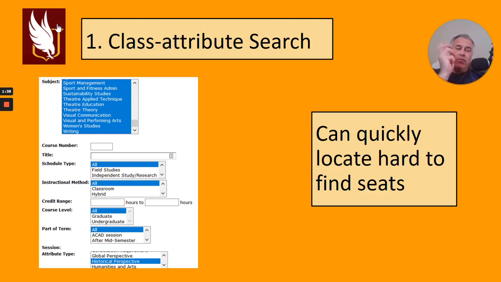So it's very useful if you're registering late and you know you need something in global perspectives. You can go and look across all the different classes that would meet that requirement. And it also just gives you some other ways of looking at some kind of hard to find seats, trying to find seats that are open. And the other thing is it gives you lots of different choices in any one of those attributes that you're trying to meet.